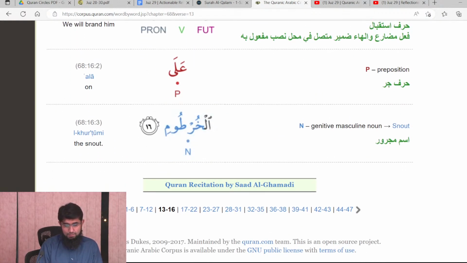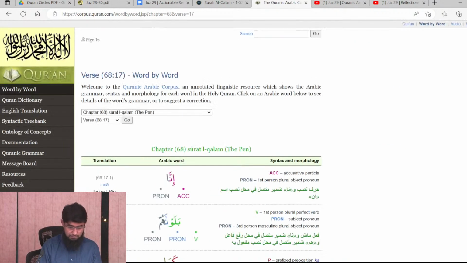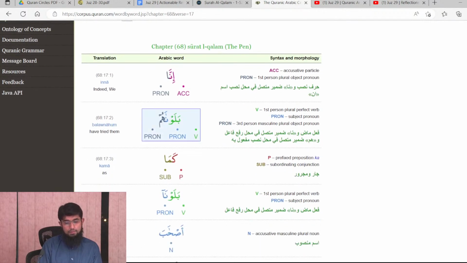Okay, al khurtum. Khurtum is a nose, snout, and why is it me? Because of Allah. The noun is khurtumu, without anything but khurtumu. So you're comparing anhu with what we just saw here.